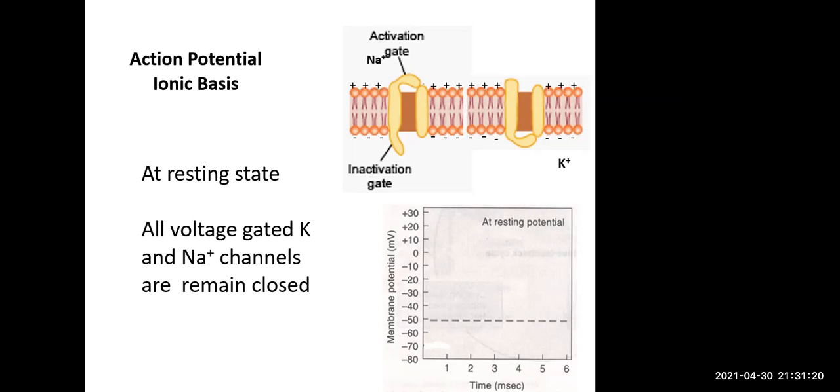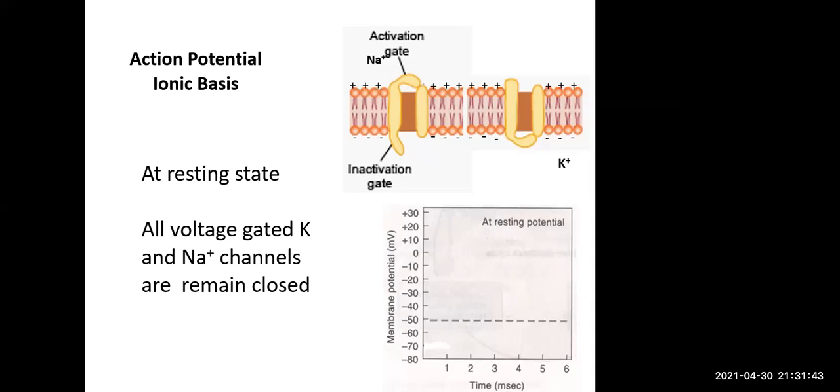As I told earlier, whenever you say the opening of an ion channel, you should understand whether there will be entry of an ion or whether it will go out of the cell. To understand that, you must know the concentration of the ions inside and outside the cells.